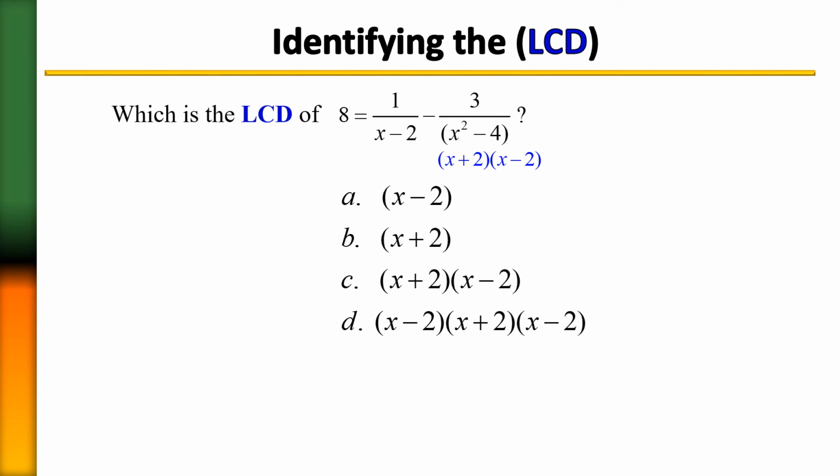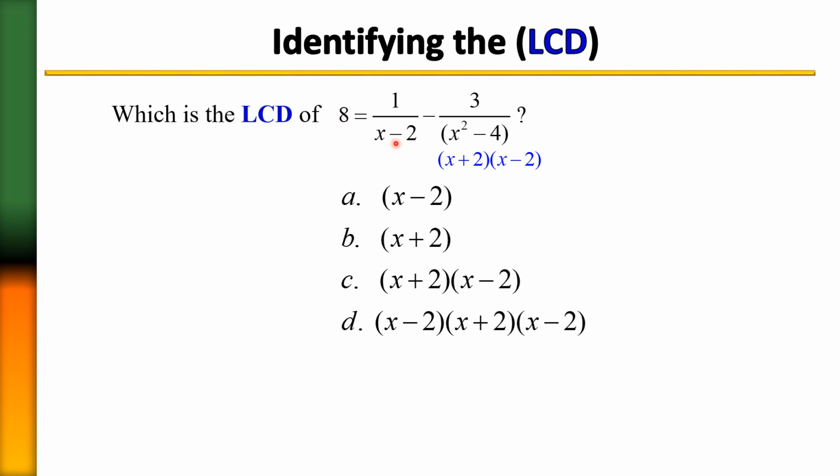Now let's look at each expression to see at most how many times they occur in each denominator. With the first term, it's not a rational expression, it's just an integer.